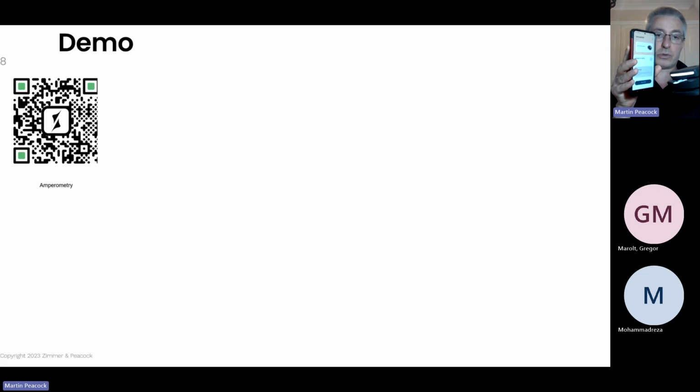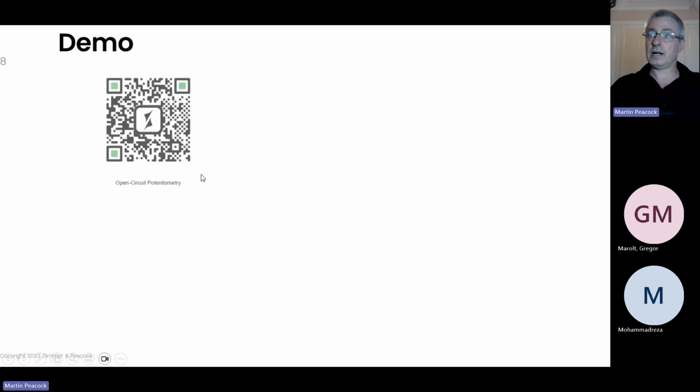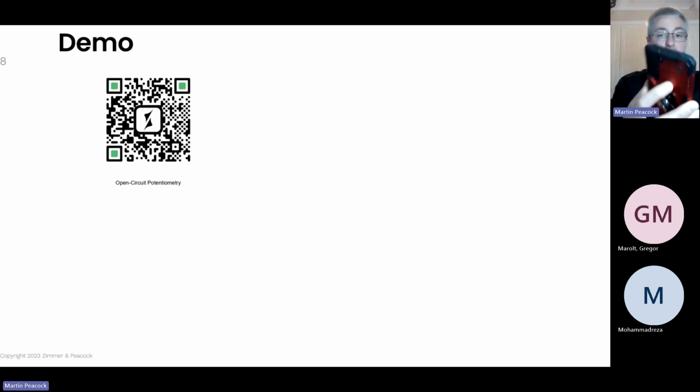So now this will do an amperometric experiment. I'll just put the potentiostat down for a second, and I'm just going to do another QR code. Now don't forget, you can actually try this for yourself. Open circuit potentiometry. I'll just scan the QR code. Right, this app is now able to do a potentiometric experiment, and it is still connected by Bluetooth to the device.